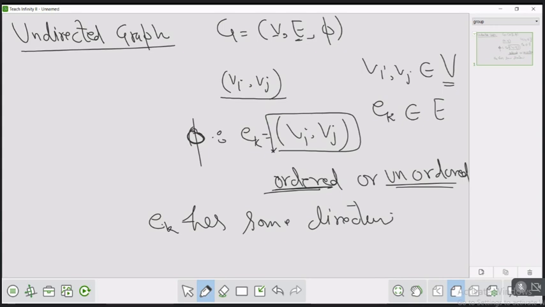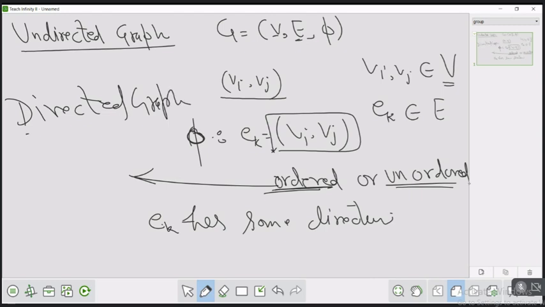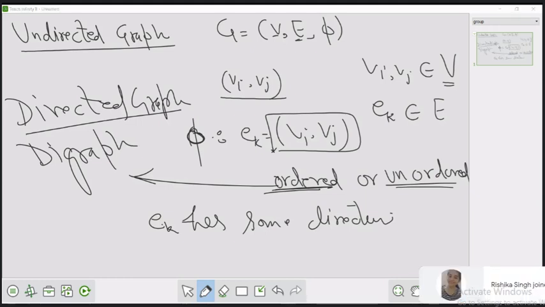So basically, when there is a direction in each edge of a graph, that is called a directed graph, or just a digraph. Are you getting my point?